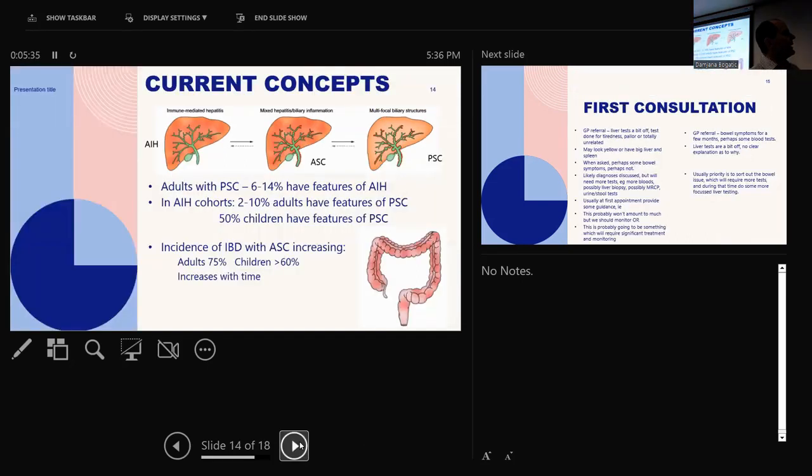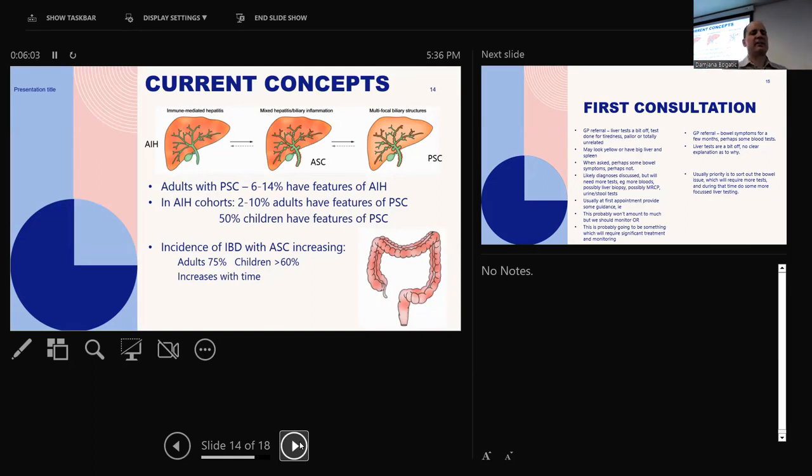So looking at the current concepts, we know that adults with primary sclerosing cholangitis, between 6 and 14%, have features that might fit with autoimmune hepatitis. So in this cohort, perhaps even up to 10%, perhaps something like 50% of children have features of primary sclerosing cholangitis in this group.